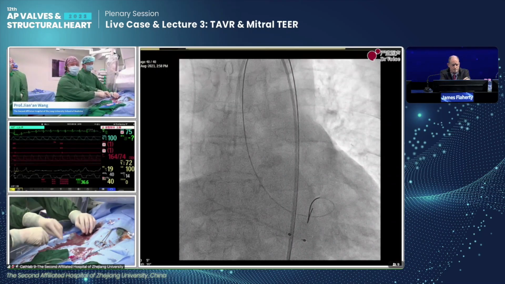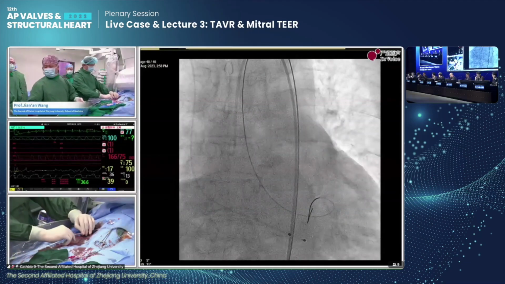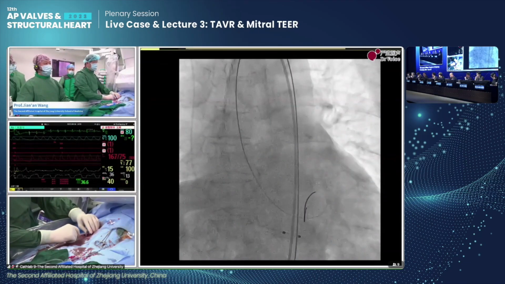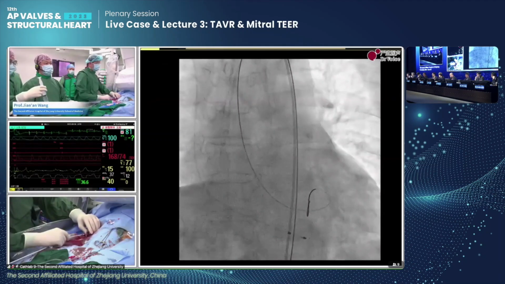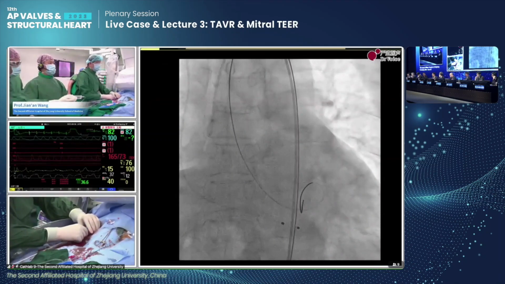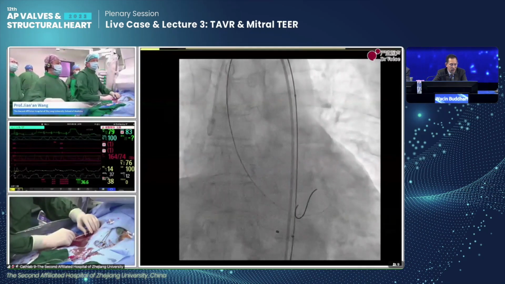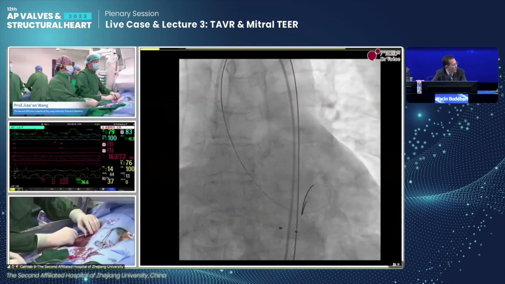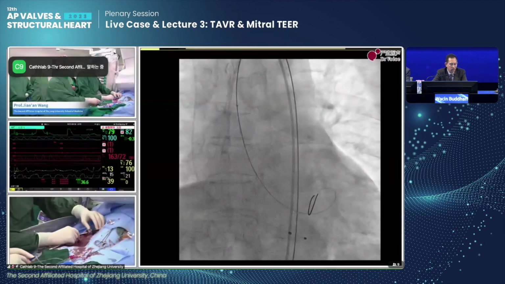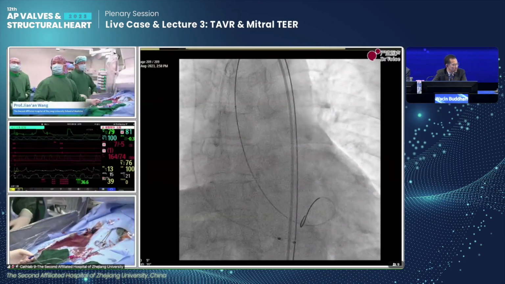Yeah, I agree. It depends on the valve size that you choose to use and the SOV width. If the width is wide enough, you have enough room, then the coronary obstruction may not be much of a problem with self-expandable.